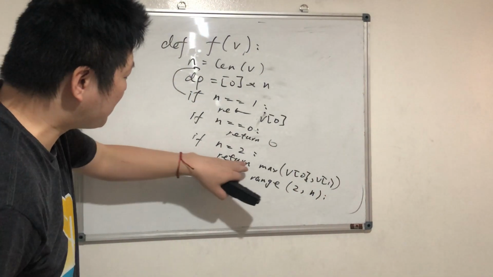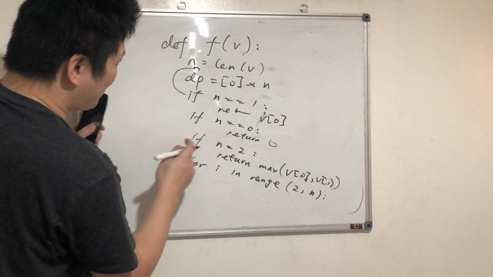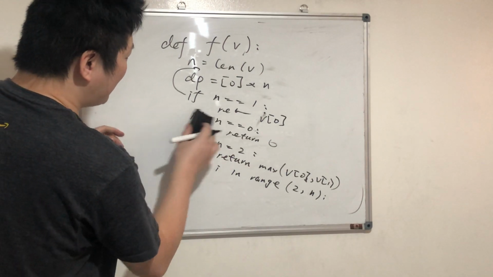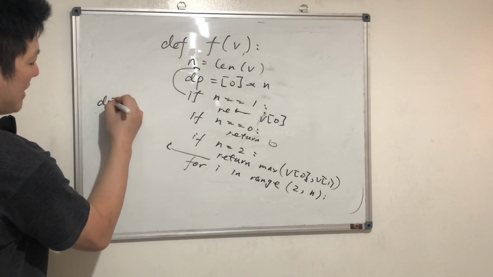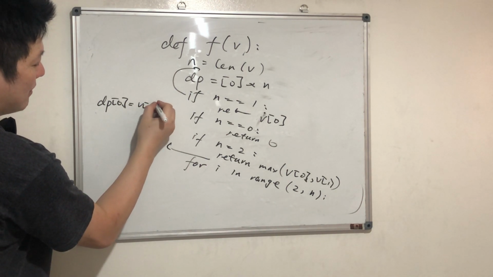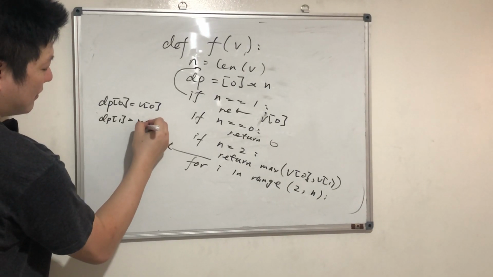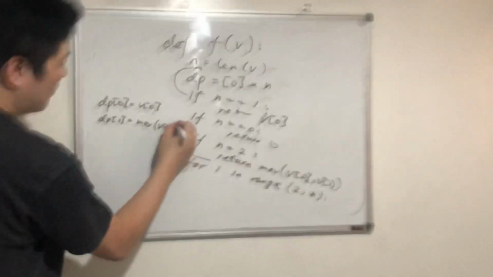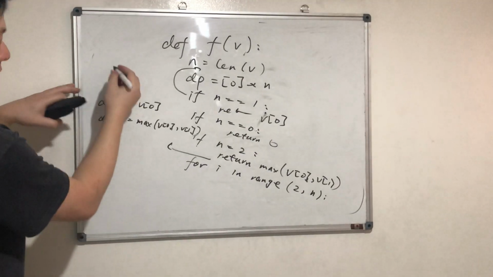We just return it, but actually we also need to do this. Here I need to set dp0 equals v0 and dp1 equals max of v0 and v1, right?